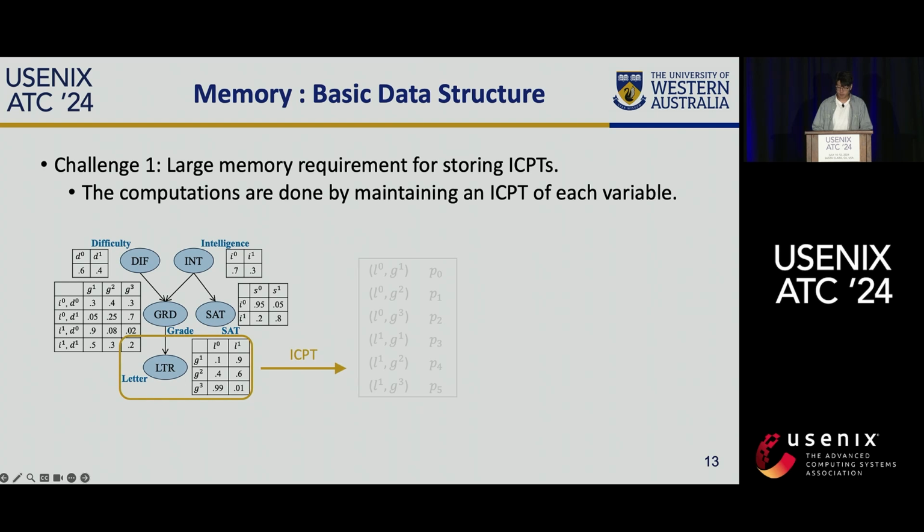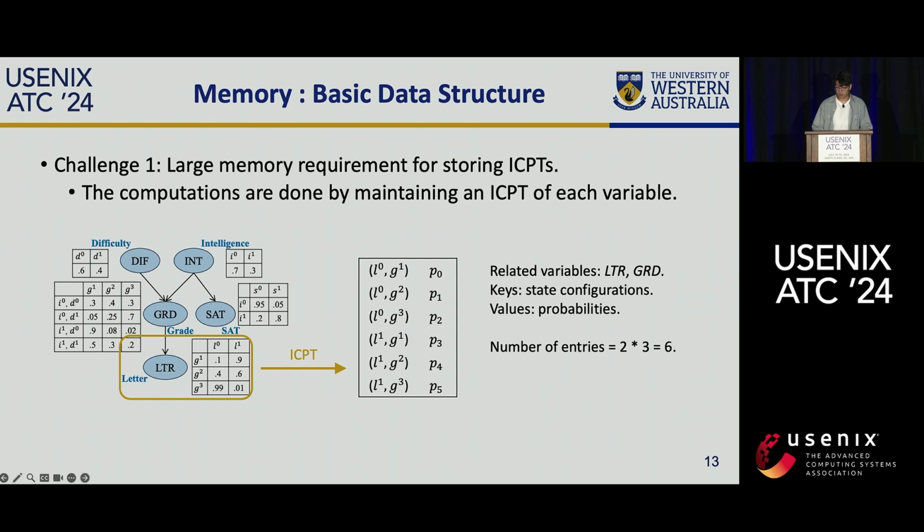However, one challenge is the large memory requirement for storing these ICPTs. For example, for variable Letter that has parent Grade, its ICPT is like this. We can think of the ICPT as a map. The key is the state configuration of related variables, and the value is the probability. Since Letter has 2 possible states and Grade has 3 possible states, the number of entries is 6.